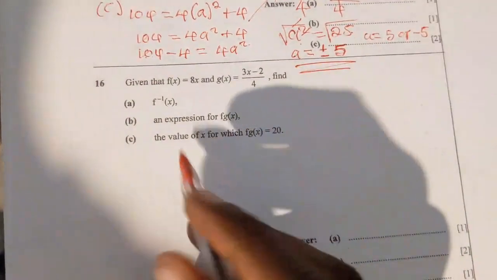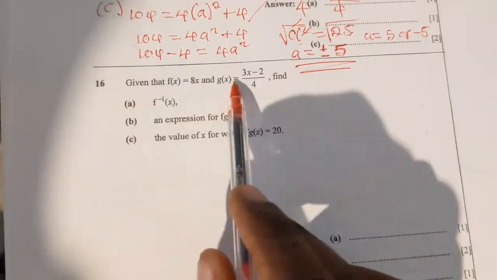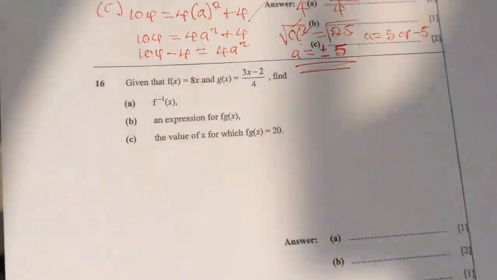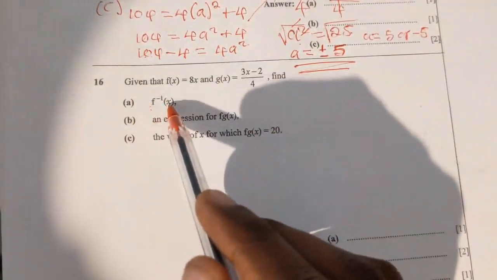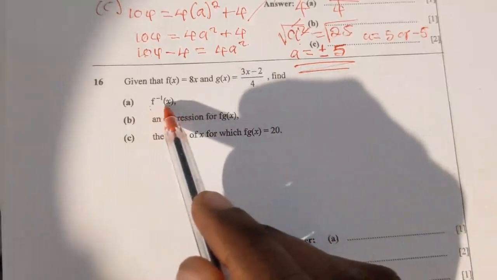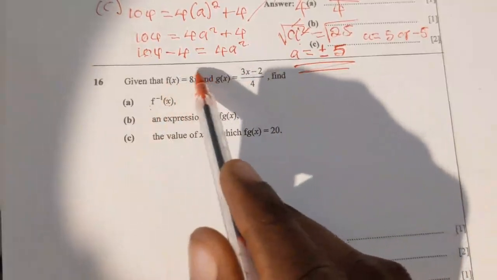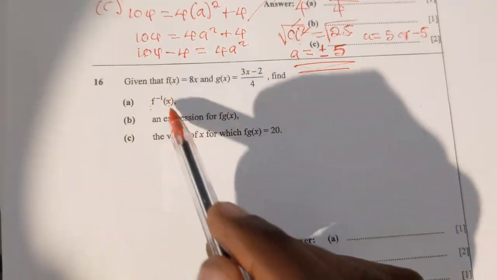Question 16 is just saying that we should find, this is under functions. So we have f of x as this, and we need to find the inverse of f of x.